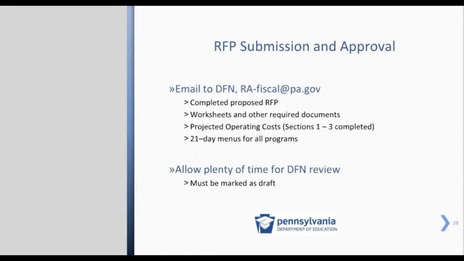You'll need to include the 21-day menu, and if you do not include all of these documents, it will slow down the process because we'll need to get in contact with you and obtain those documents from you. So it's important that you submit everything together as a packet if you're requesting us to review it. Allow plenty of time for the Division of Food and Nutrition to review the RFP.